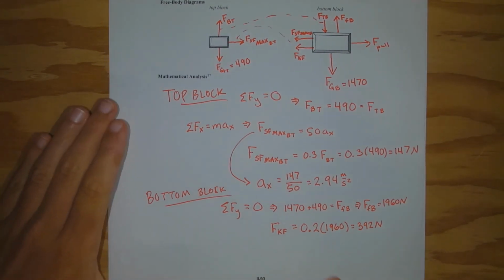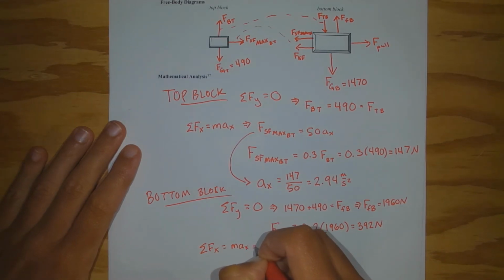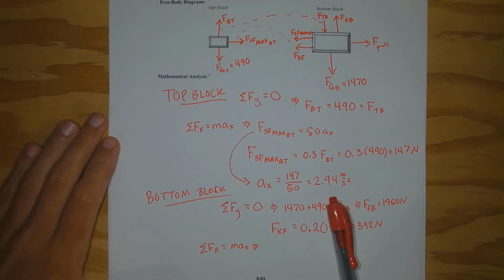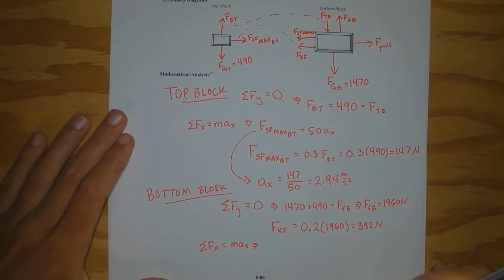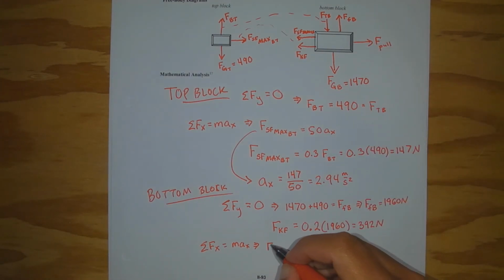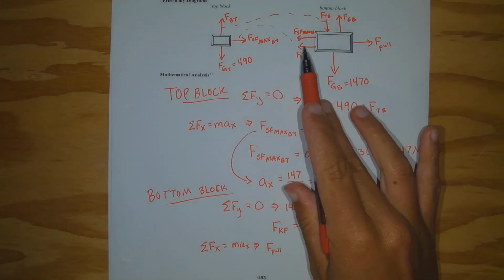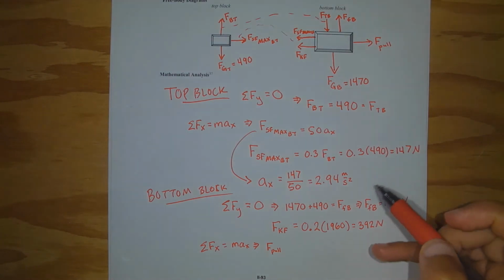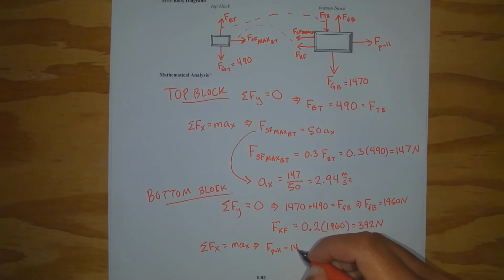Okay, and then I can look at the sum of the forces in the x direction, which is equal to the mass times the acceleration in the x direction. I already found the acceleration in the x direction, and the mass is 150 kilograms. Sum of the forces in the x direction, I have the force of the pull, and then I have the force of static friction, which I found here to be 147, acting in the other direction, so that's minus 147.